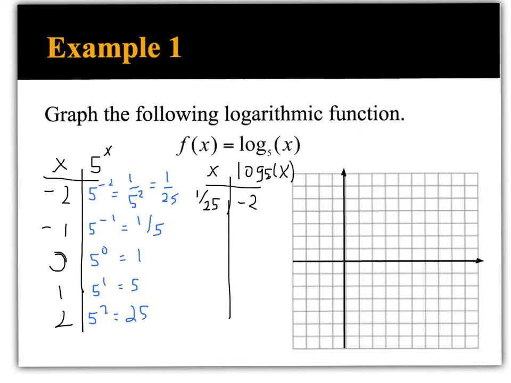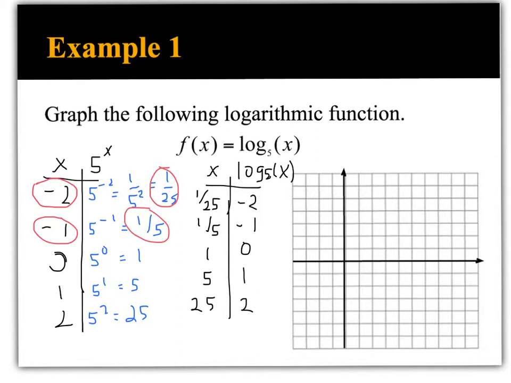I'm just taking this first input and this first output and flipping them. Same thing here, I'll take this -1 and this 1/5, and if I flip them, I get that when the input is 1/5, the log of that would be -1. And when I take 0 and 1, so when the input is 1, the log of 1 should be 0. When I take the 5, the log of 5 should be 1. And then the log of 25 should be 2.